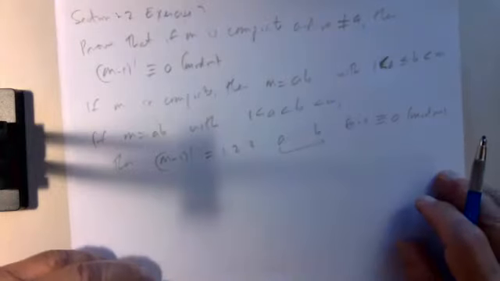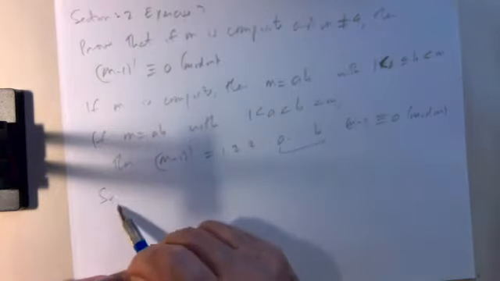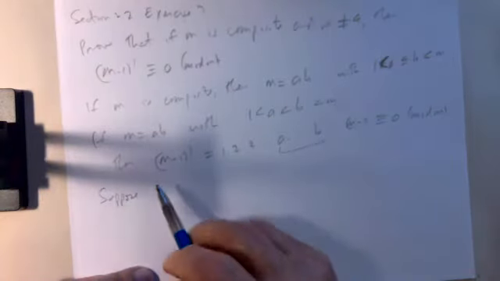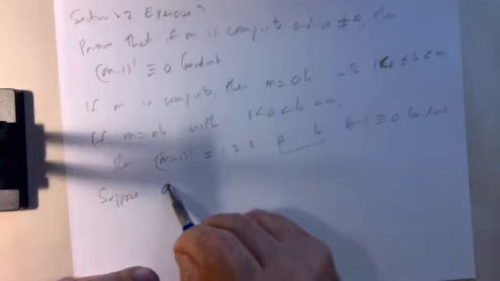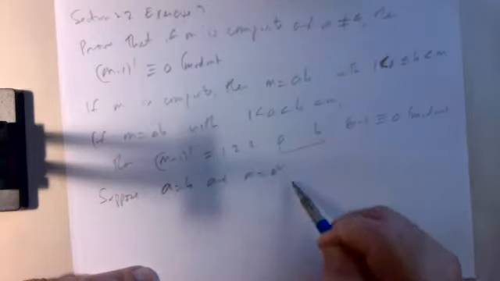The only time this argument might fail is if A equals B. So suppose A equals B and M equals A squared.